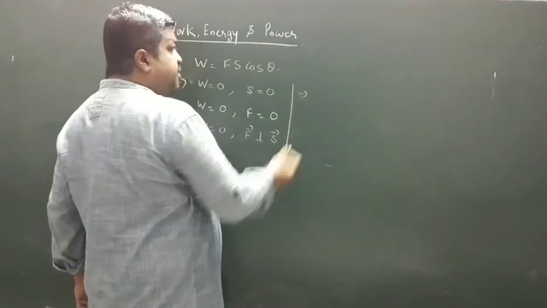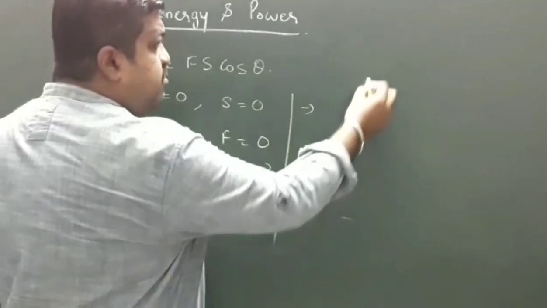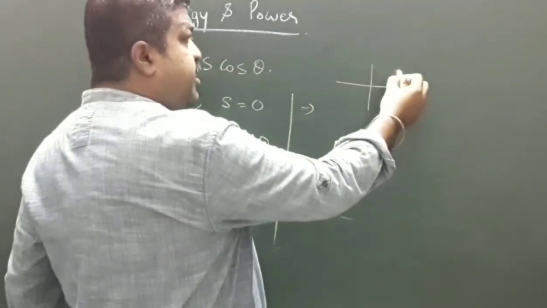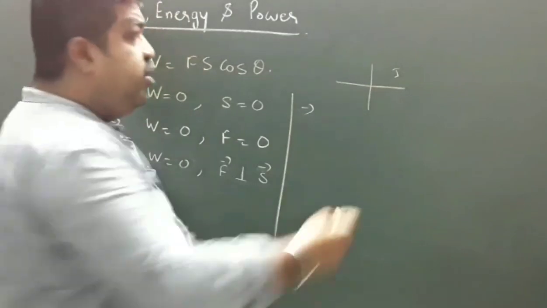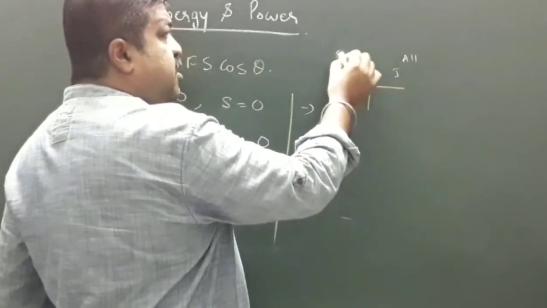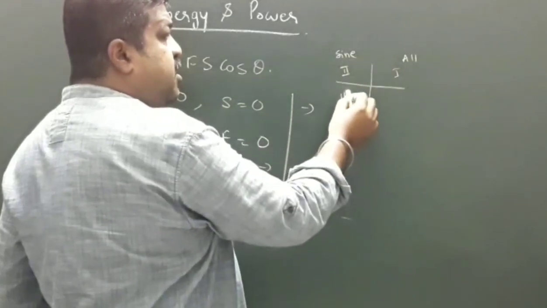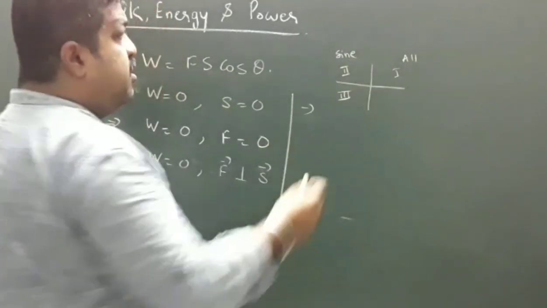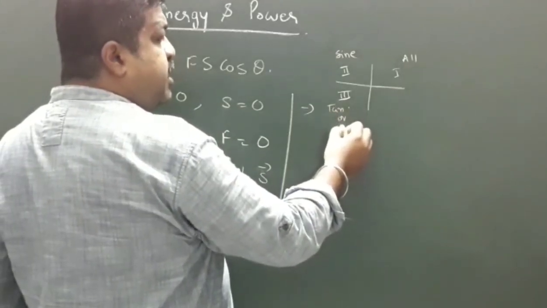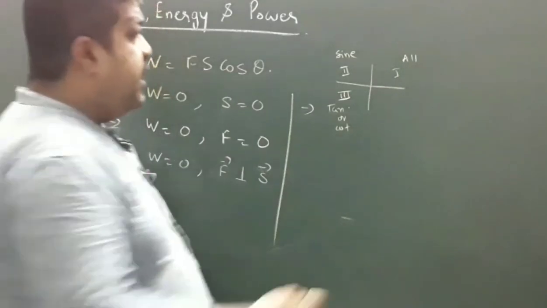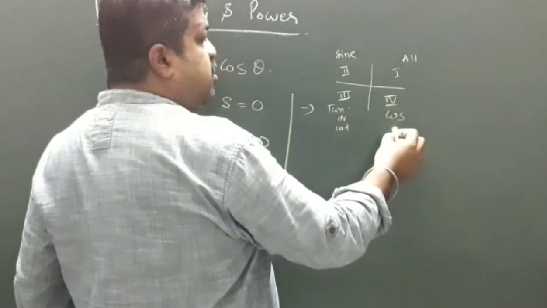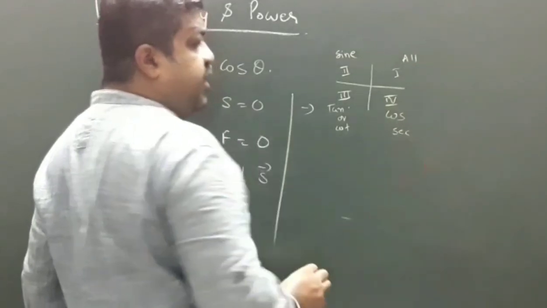Now in addition to this, we know that in the Cartesian system, in the first quadrant, all trigonometric functions are positive. In the second quadrant, it is sine. In the third quadrant, it is tan or cotangent. And in the fourth quadrant, it is the cos or sec function.